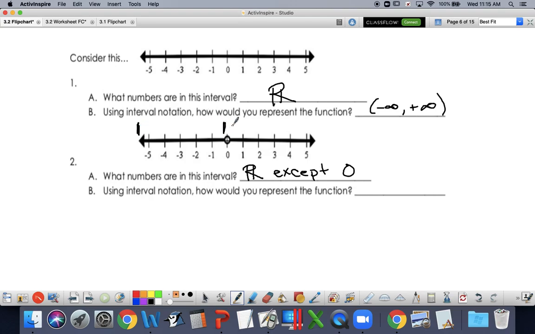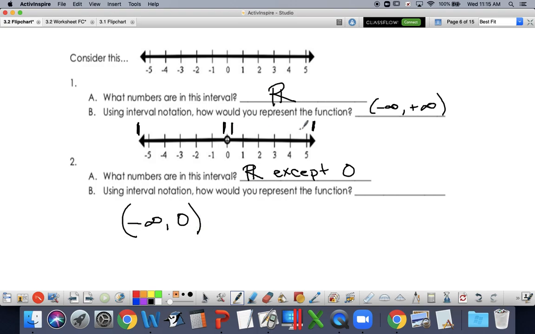And then I also have another start and another stop. So I actually have 2 separate intervals that I need to include. So what I do is I take this first interval. I go from negative infinity up to 0. I don't want to include 0, so it gets a parenthesis.